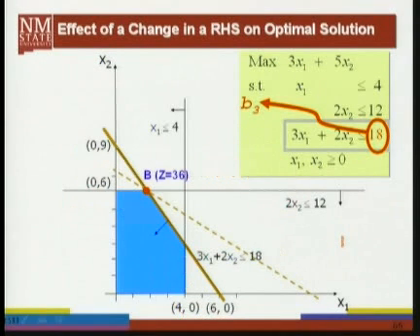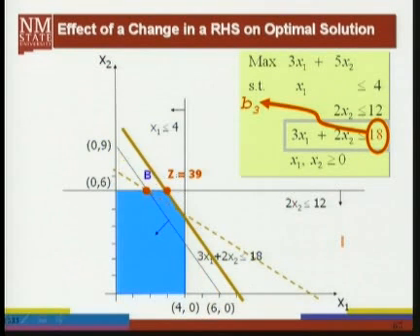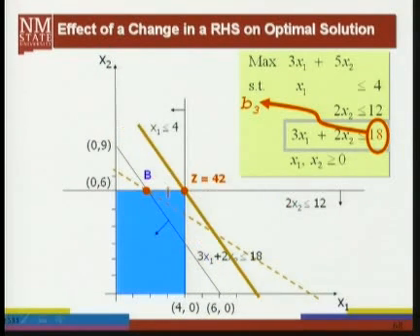Currently B3 is 18. If B3 is increased to 21, for example, what happened? The plant number 2 and number 3 constraints are still binding in the feasible region, right? If B3 is increased to 24, what happened? Again, the plant number 2 and number 3 constraints are still binding in the feasible region.